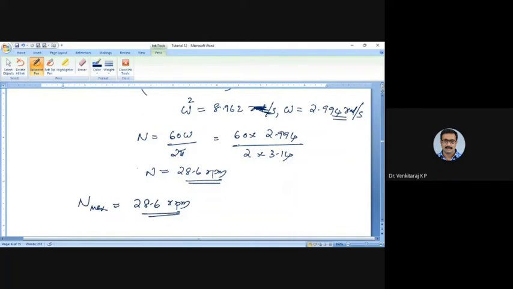So the minimum of these two has to be taken as the maximum speed of the pump, because in the delivery pipe separation will occur at speed greater than 28.6 rpm, whereas in the suction pipe it occurs only at 33 rpm. So the answer is 28.6 rpm.